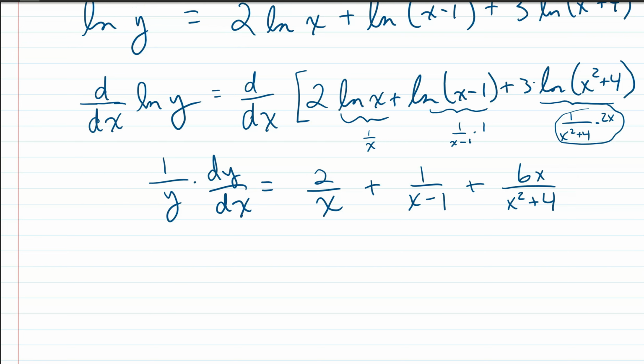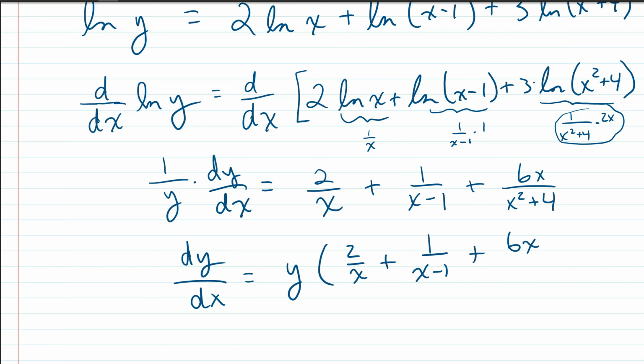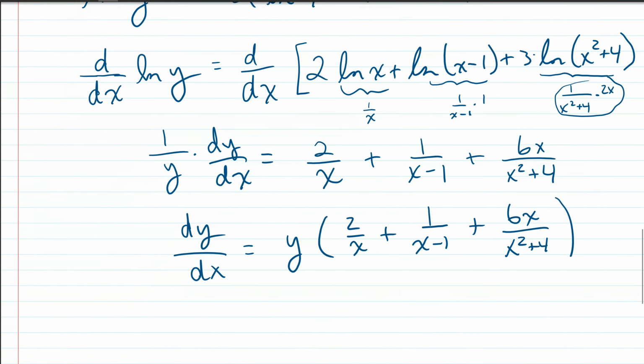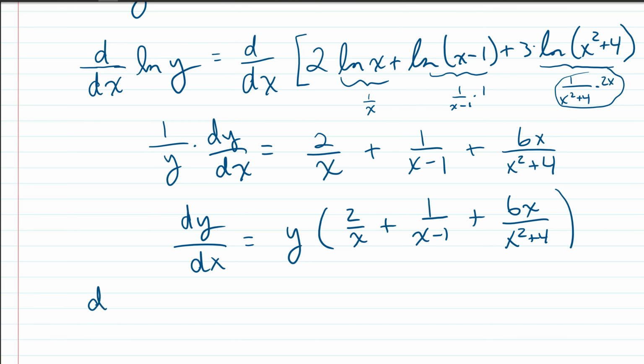All right, and then lastly, we can solve for dy/dx. So in solving for dy/dx, we're going to either say to ourselves, hey, let's divide both sides by 1 over y, or just multiply by its reciprocal, which is y. So I'm going to say y times 2 over x plus 1 over x minus 1 plus 6x over x squared plus 4. And then lastly, I can go ahead and substitute in for that y. So dy/dx is equal to, what was y?